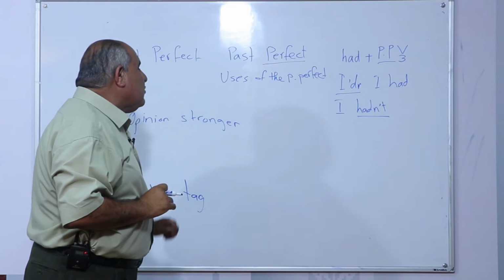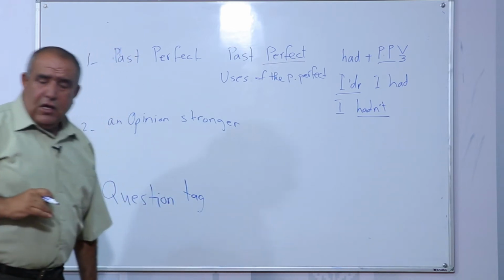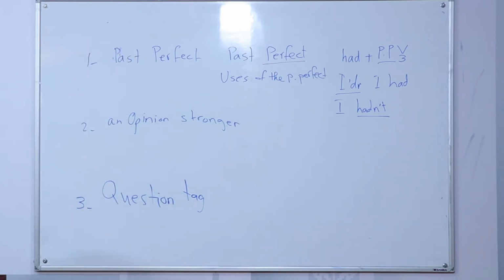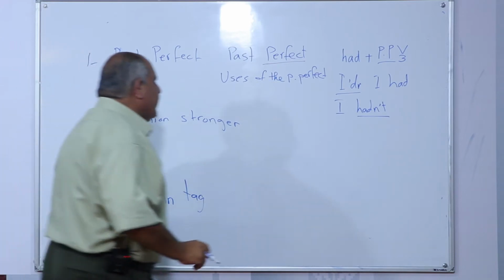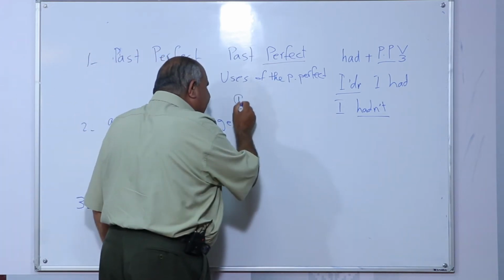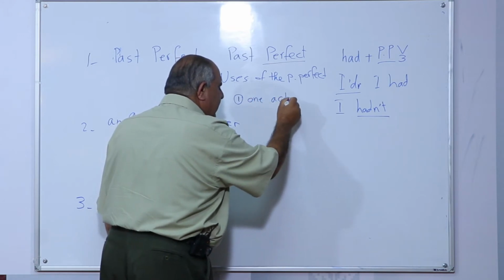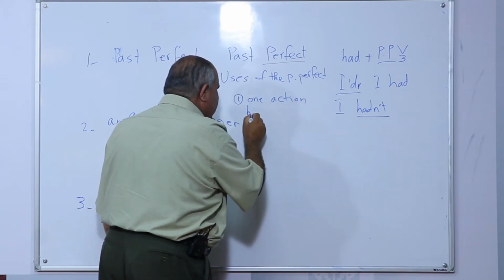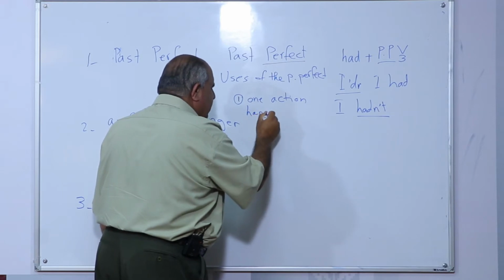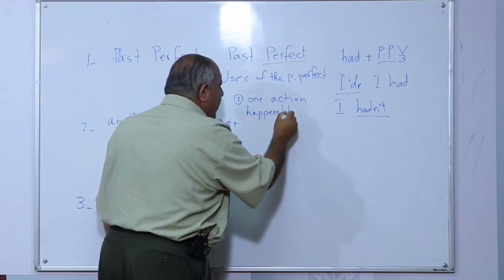Now what are the uses of the past perfect? Number 1, we use the past perfect to make it clear that one action happened before another.